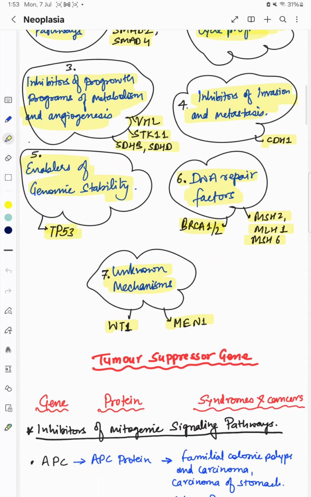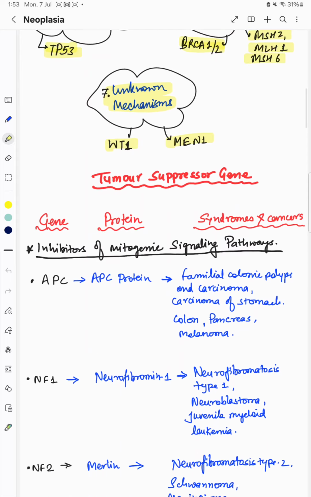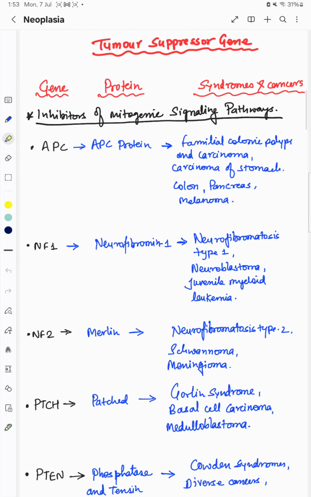Now we will discuss each and every category one by one. In the first column we have the gene, second the product of that gene, and in the third column we have syndromes and cancers associated with mutation of these genes. So the first category is inhibitors of mitogenic signaling pathways.